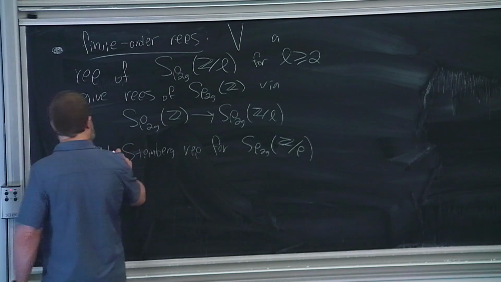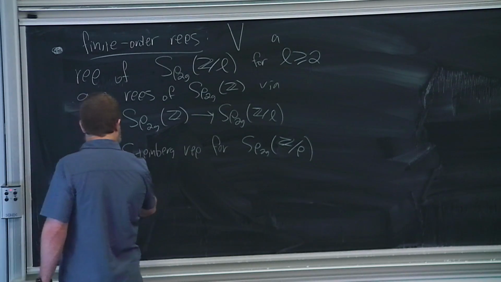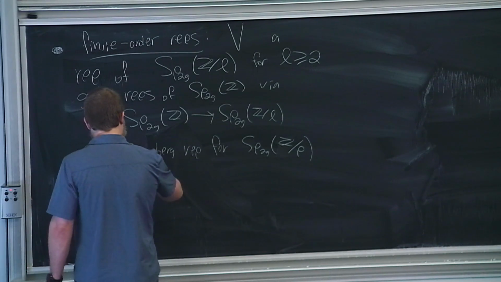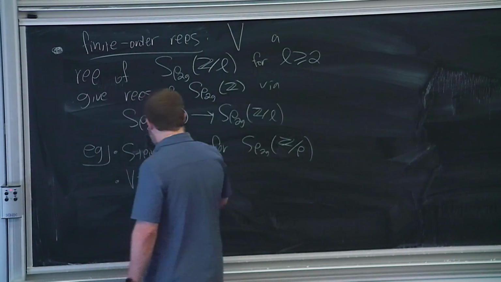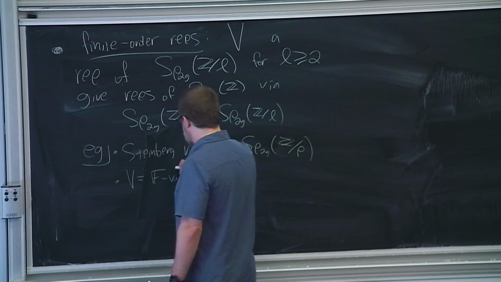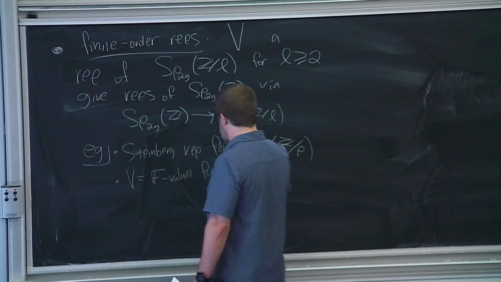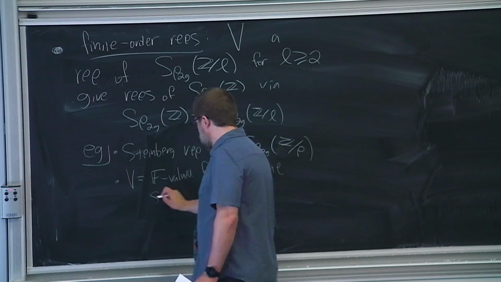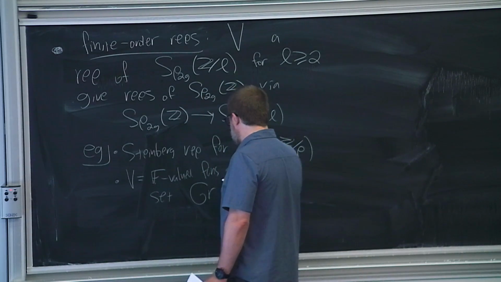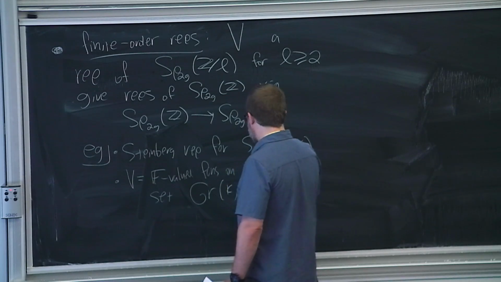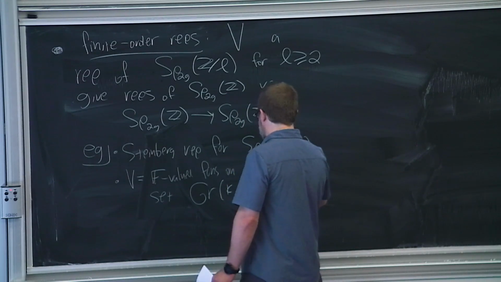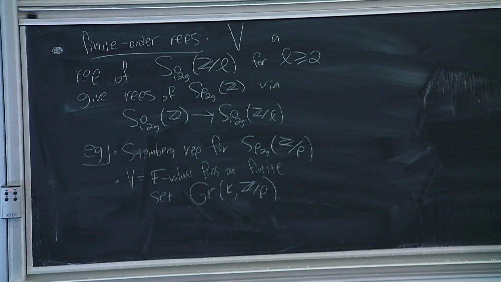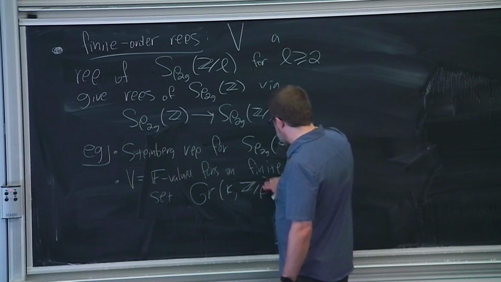You could look at another example. Where p is a prime, you could let V be equal to F-valued functions on the finite set, the Grassmannian of k-planes inside Z mod p to the 2g.